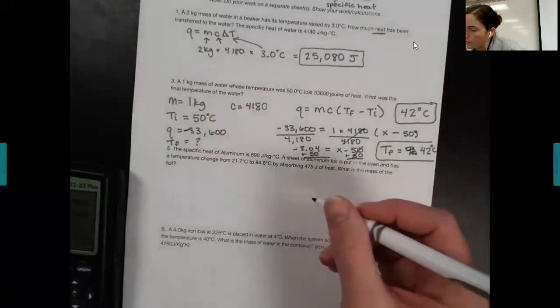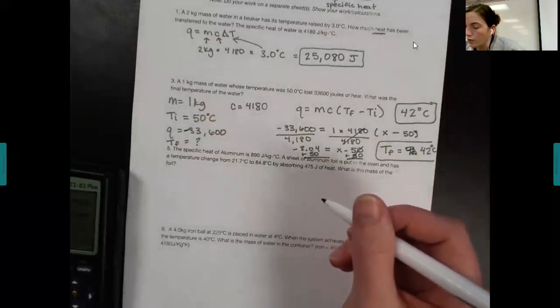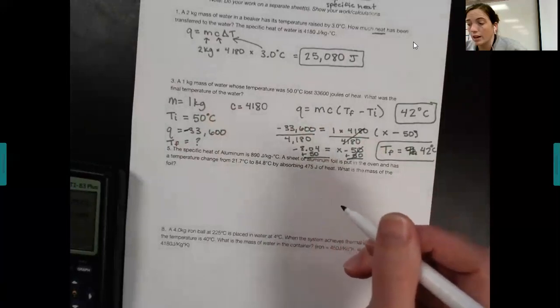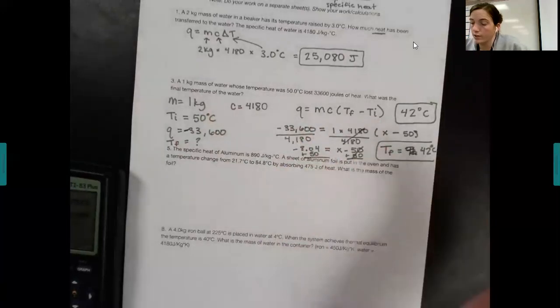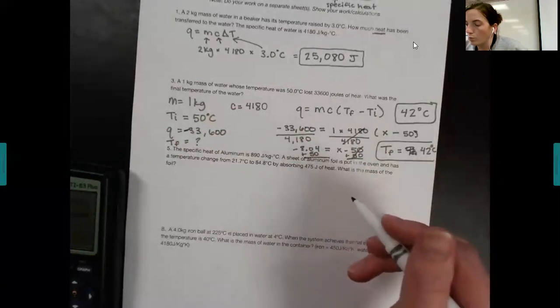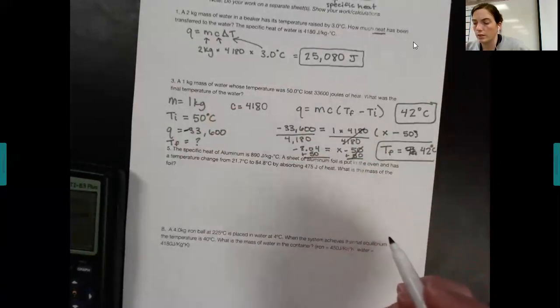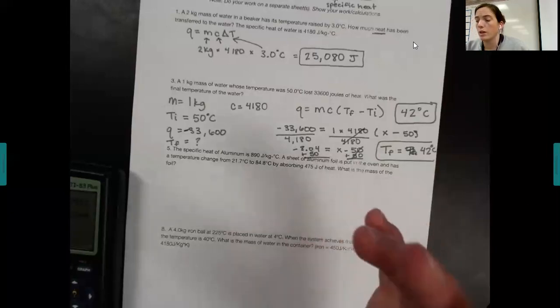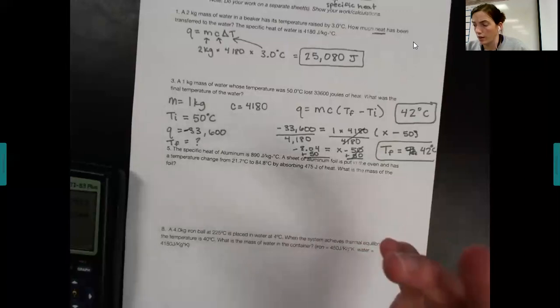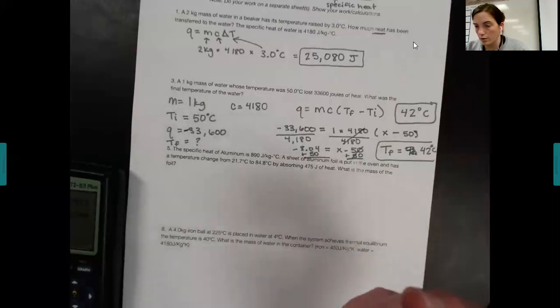All right. Let's see. So number 5, the specific heat of aluminum is 890. A sheet of aluminum foil is put into the oven and has a temperature change from 21.7 degrees Celsius to 84.8 degrees Celsius by absorbing 475 joules of heat. What is the mass of the foil?